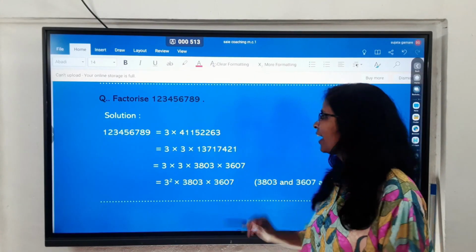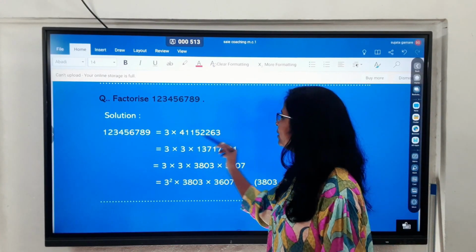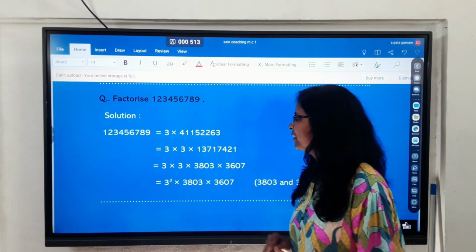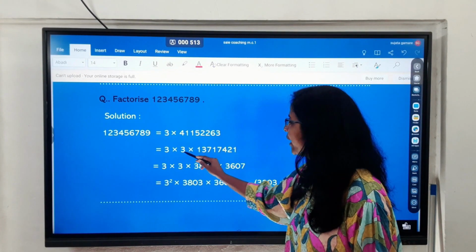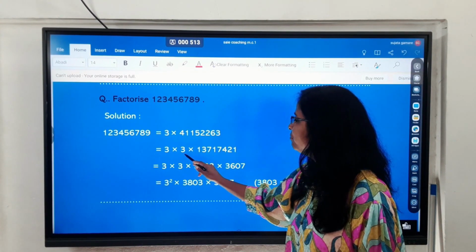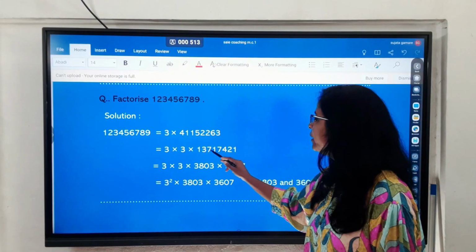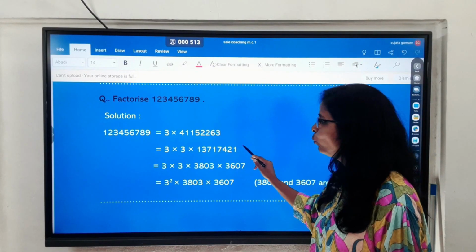Then I factorize 411522 63, which is divisible by 3 again. Then the product will be 3 multiplied by 13717421.